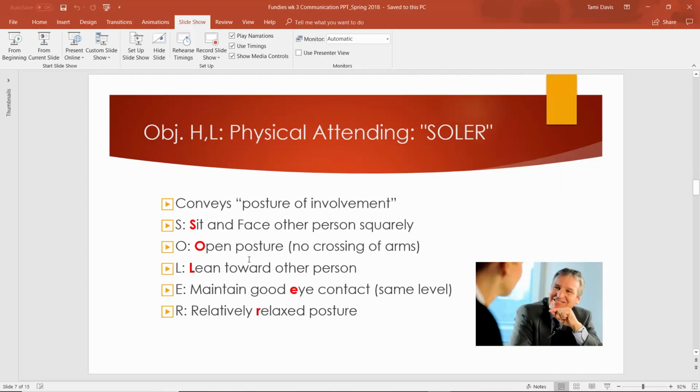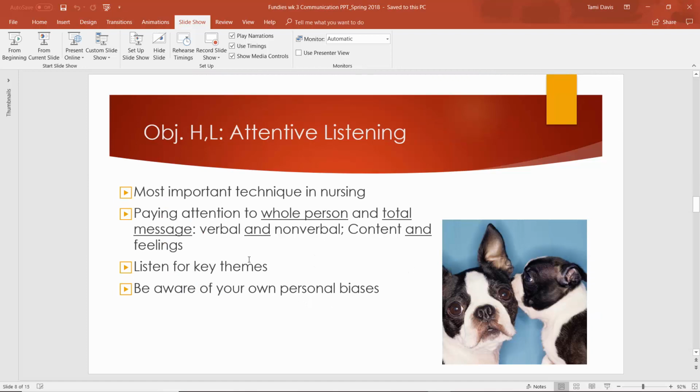Physical attending using SOLER is another way to develop the helping relationship. This is a good example of a variety of nonverbal communication techniques we can use to do that, and it shows people that we're interested in what they have to say. And then attentive listening does much the same thing.